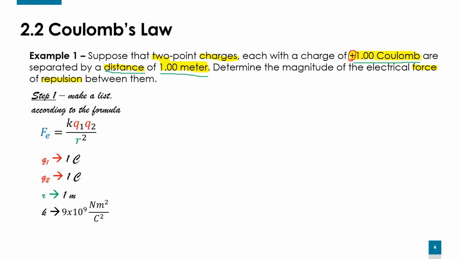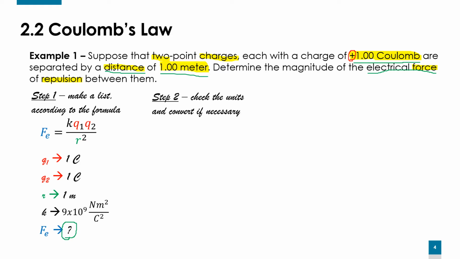So this is the first step. And now I need to figure out what I need to find. I need to find the electrical force. If I need to find this electrical force, I'm gonna put a question mark here because that's something I need to find, okay? So that's your first step, make a list. Is that okay?